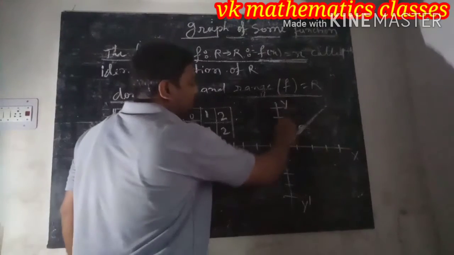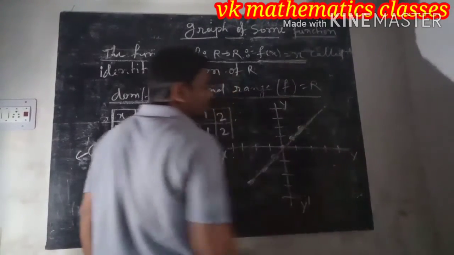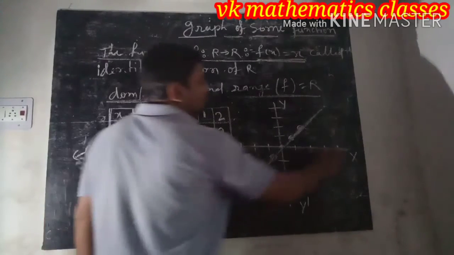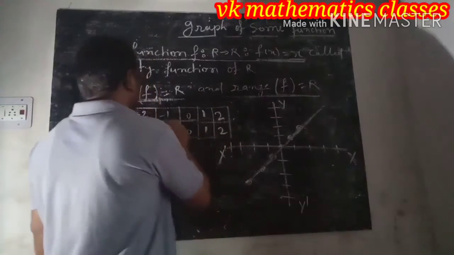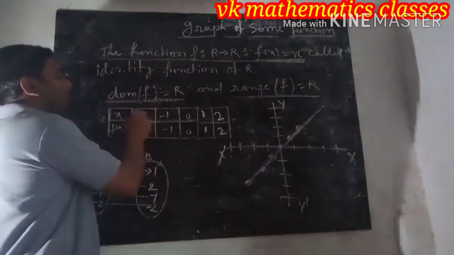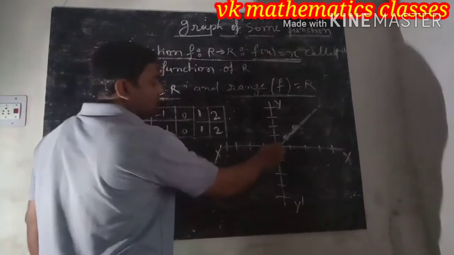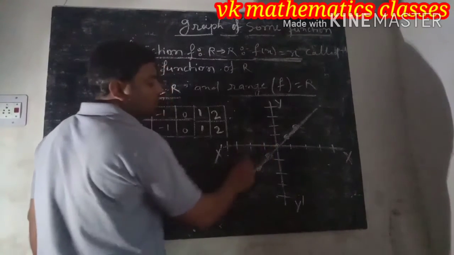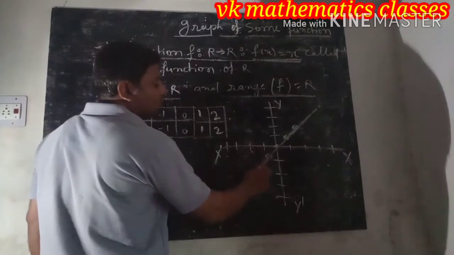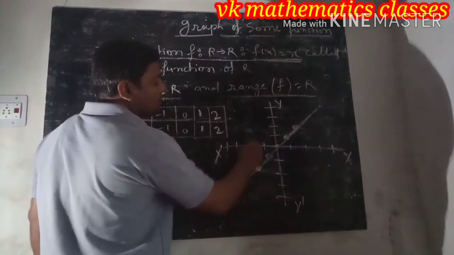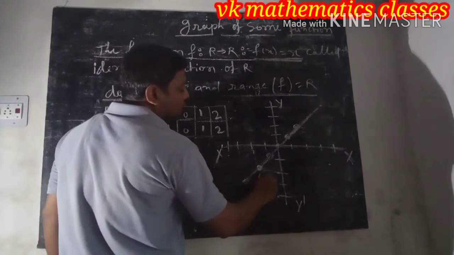So we plot the graph with the y-axis vertical and the x-axis horizontal: x dash, x, y and y dash. We plot the points here. The point 2 and 2 lies here, and this point is minus 2, minus 2.